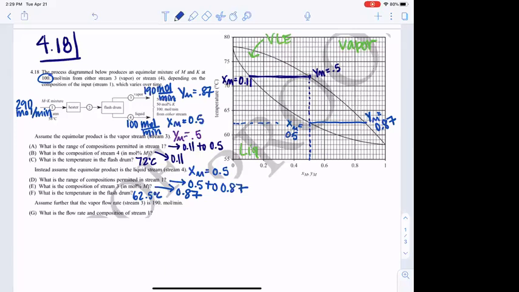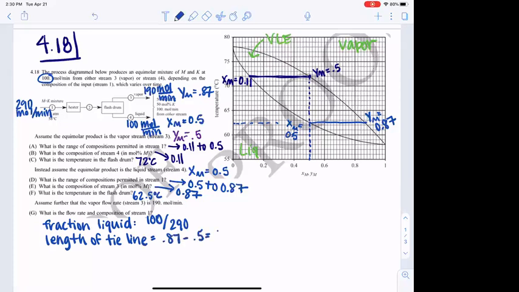So what we do know is that our fraction liquid, so that's what fraction of our feed stream becomes liquid, is 100, so that's our flow rate of our liquid stream, divided by 290, so that's our total feed rate. And we also know that the length of our total tie line is 0.87 minus 0.5, which is 0.37.